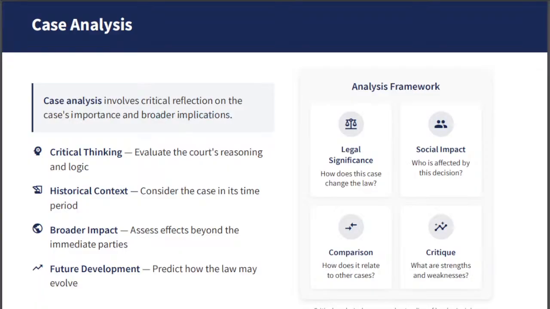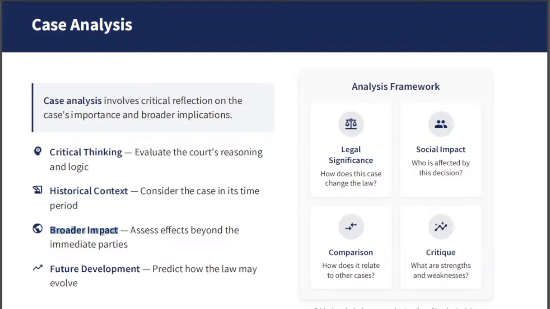So the case analysis, we apply critical thinking, evaluate the court's reasoning and logic. The historical context, consider the case in its time period, which when we're bringing up some of those really old cases, there's usually a reason why they haven't been overturned, and that can help strengthen that case.